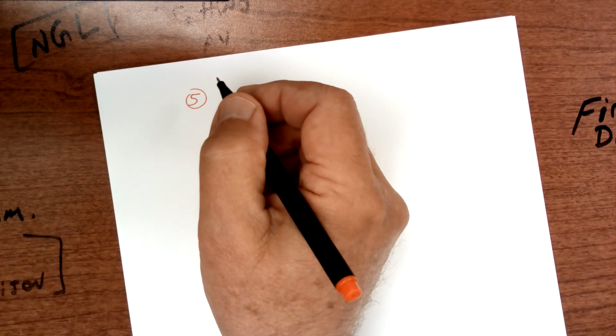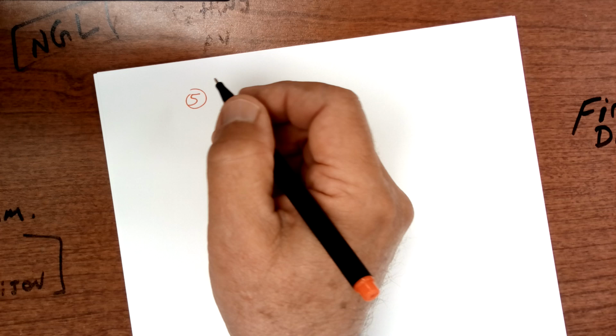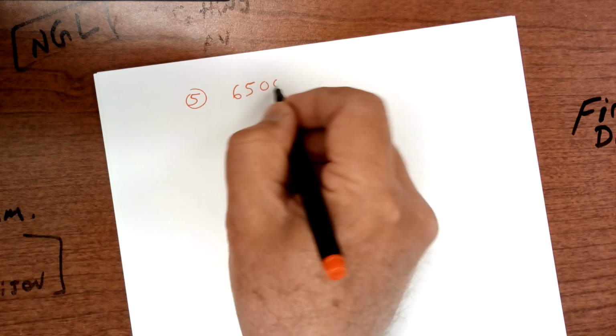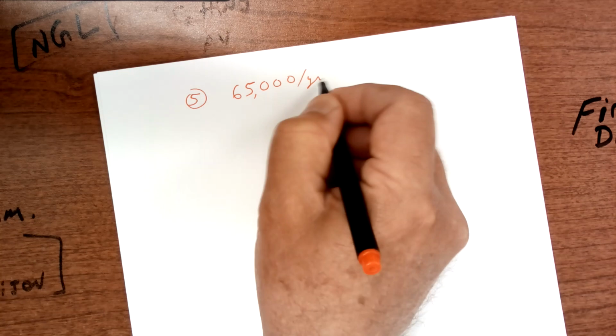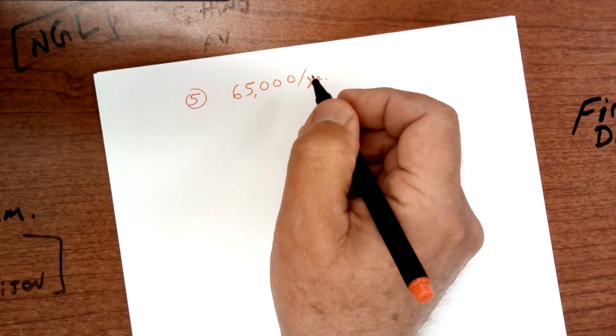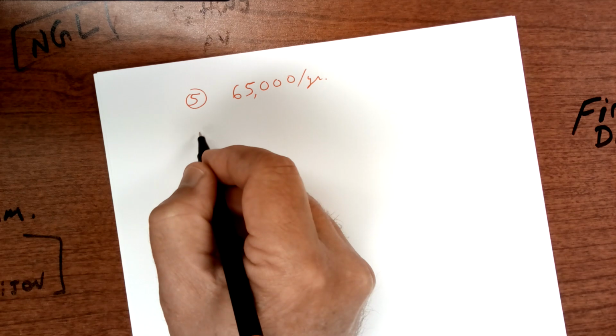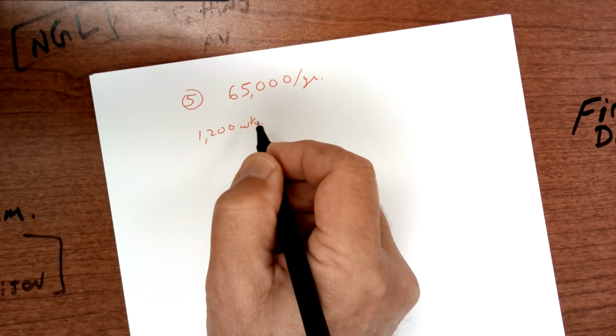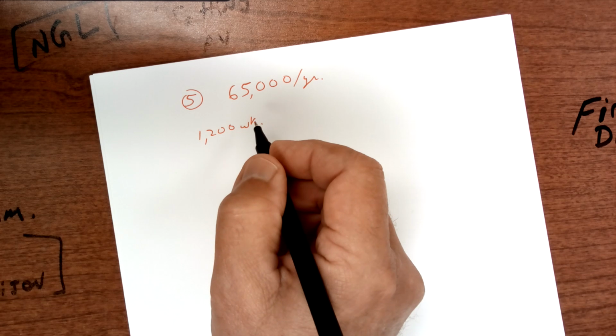Jim was offered a job making $65,000 a year. Another company offered Jim a position earning $1,200 a week. The job with the $65,000 pays more, true or false?